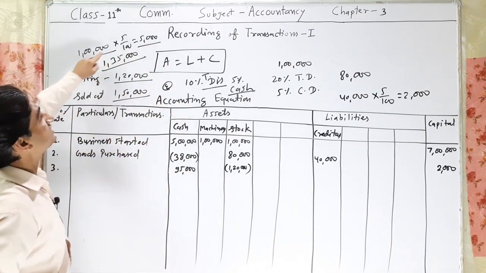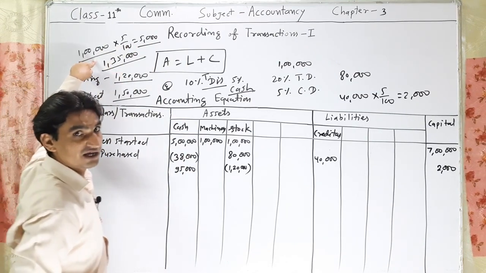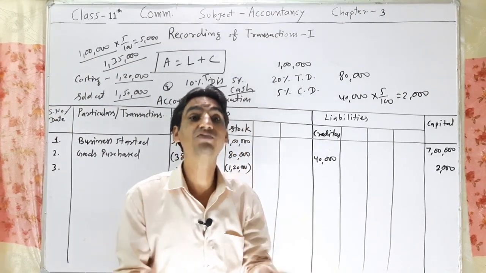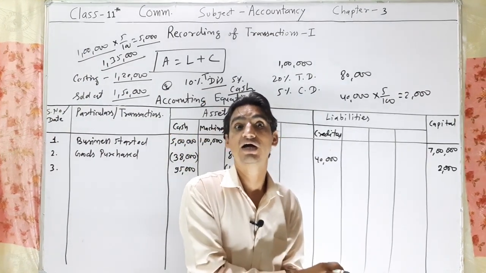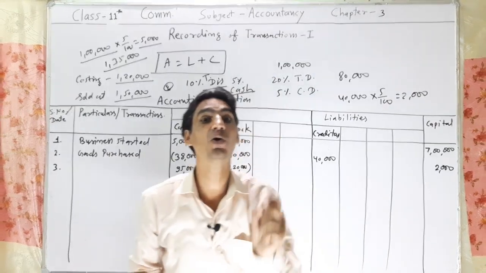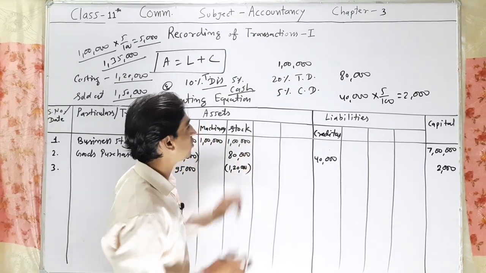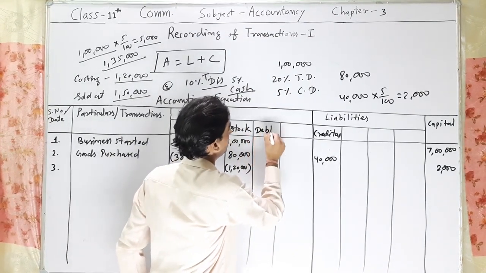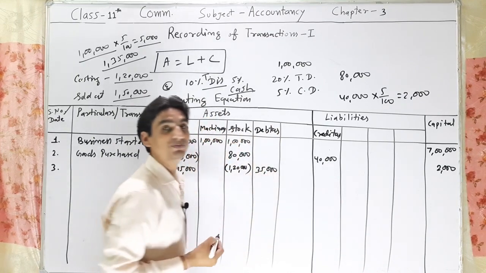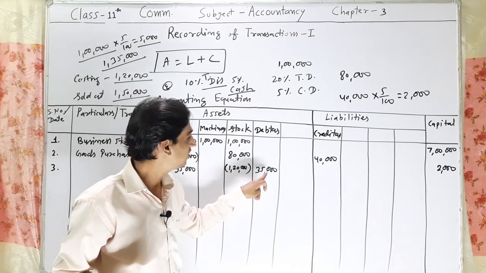The remaining balance, 1,35,000 minus 1 lakh, 35,000, is the credit sales. Whenever goods are sold on credit, the person to whom goods are sold on credit is known as a debtor, and debtor is an asset. So our new column is debtor. Debtors increased by rupees 35,000.